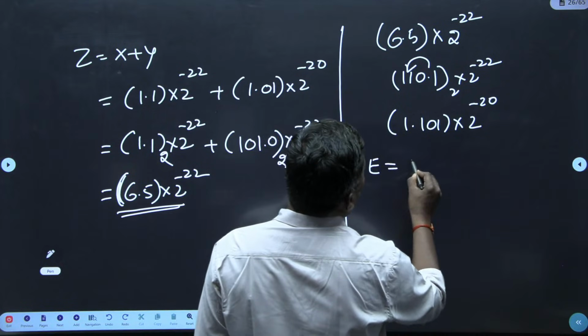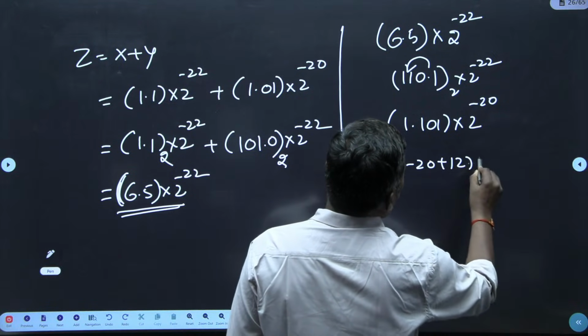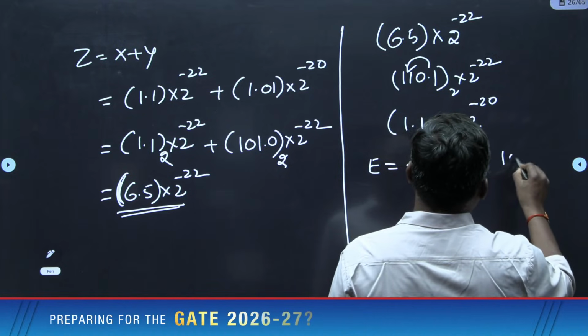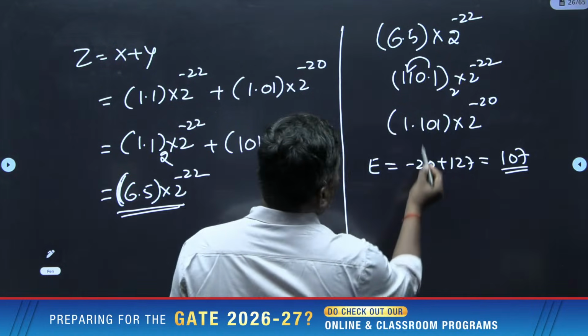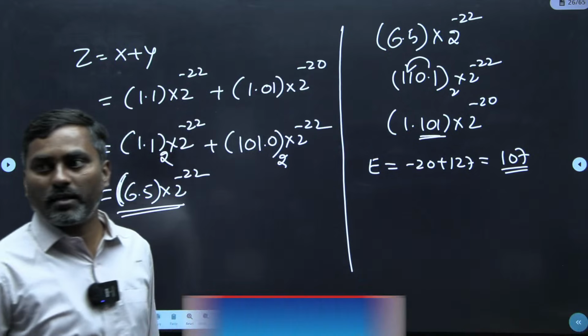So the 1.m form is there now. Capital E is minus 20 plus 127, the bias, so this value 107 you have to load. This is my mantissa.